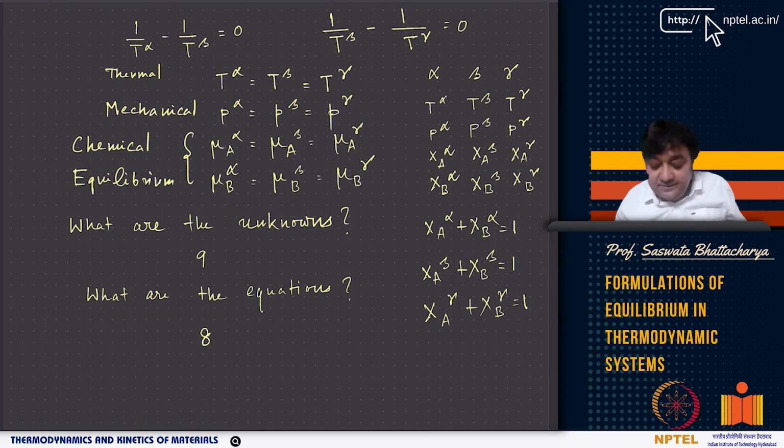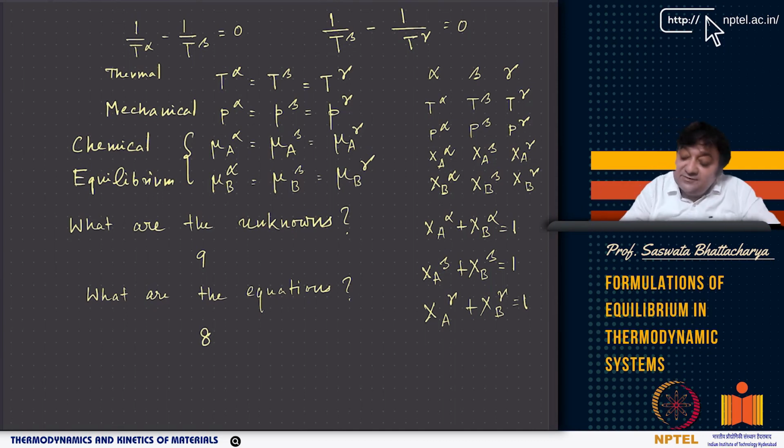Now please try to understand that although I am solving for T alpha, T beta, T gamma, P alpha, P beta, P gamma, or mu A alpha equals mu A beta equals mu A gamma, mu B alpha equals mu B beta equals mu B gamma, if you look at the chemical equilibrium, what we are basically solving for is, if these chemical potentials are equal, what is the concentration of A in alpha that is in equilibrium with A in beta, and that is in equilibrium with gamma.